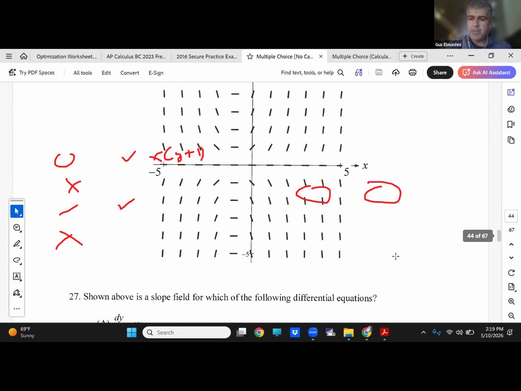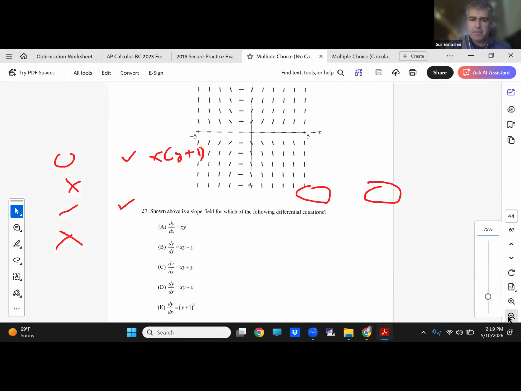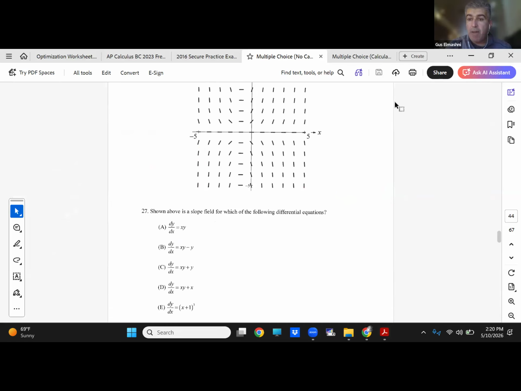Oh, perfect. There we go. I knew I was going to find one. This is a little older because back in the day you used to have 5 choices. Now it's just 4 choices.